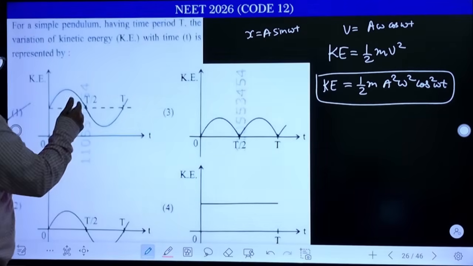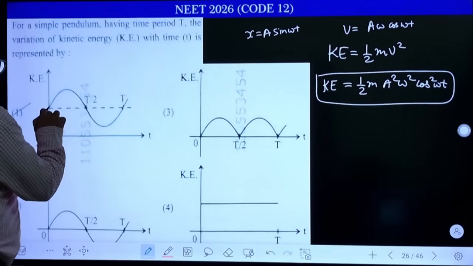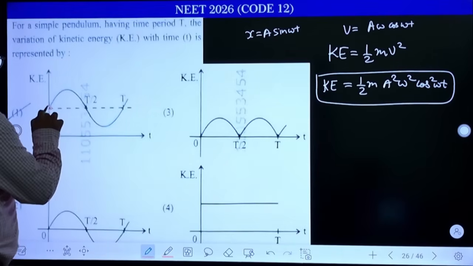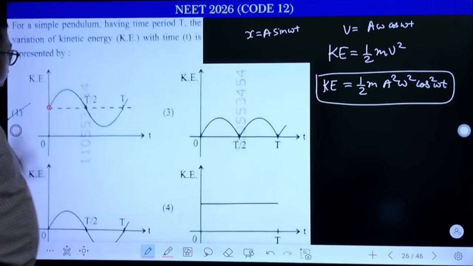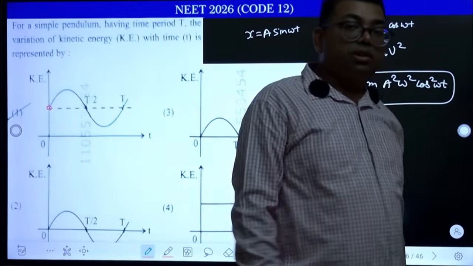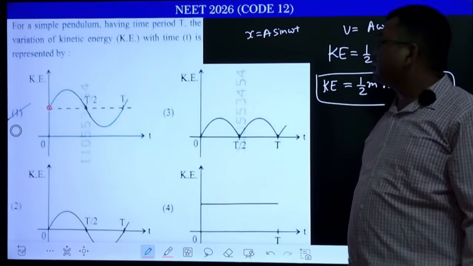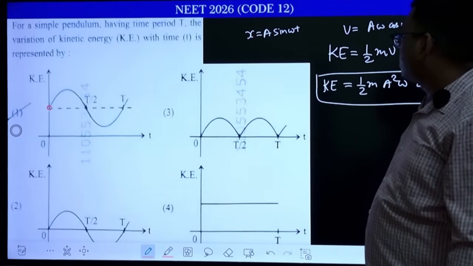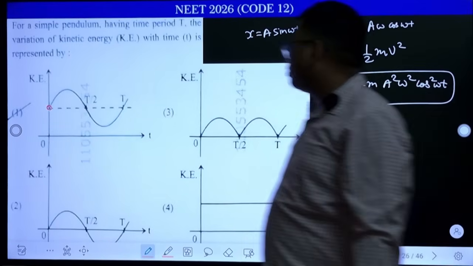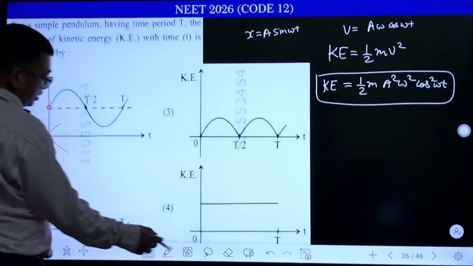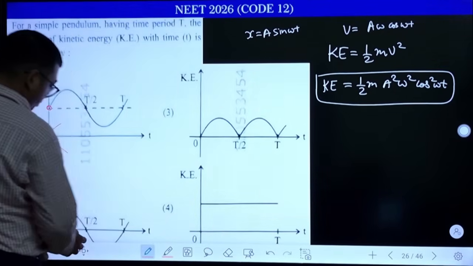It cannot be like this, because at the extreme position it has to be at rest. So the kinetic energy minimum cannot be non-zero. What about the other graphs? So definitely this graph is not possible. Let us go for the other graphs.